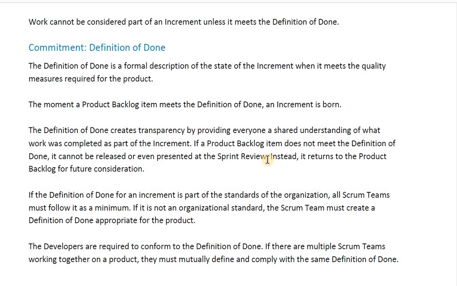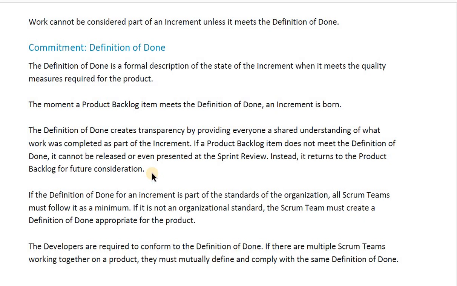So, whenever any product backlog item does not meet the definition of done, we should not present it at the sprint review meeting. Instead, it returns to the product backlog for further consideration.